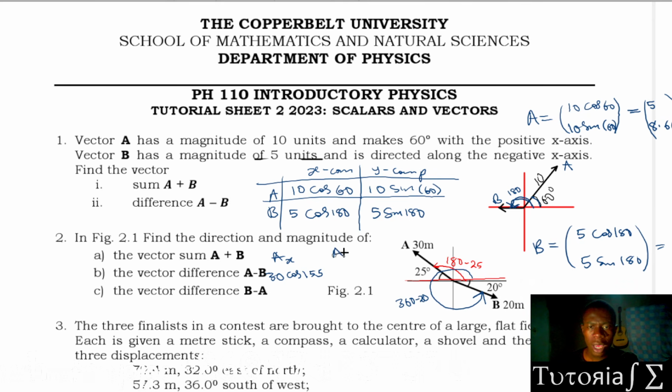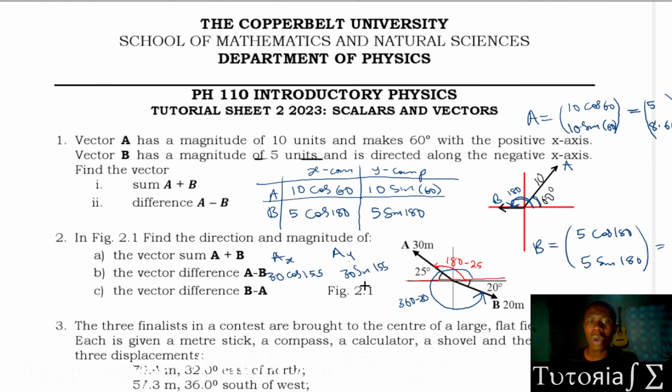Then the y component, you do the same thing: 30 sine 155.